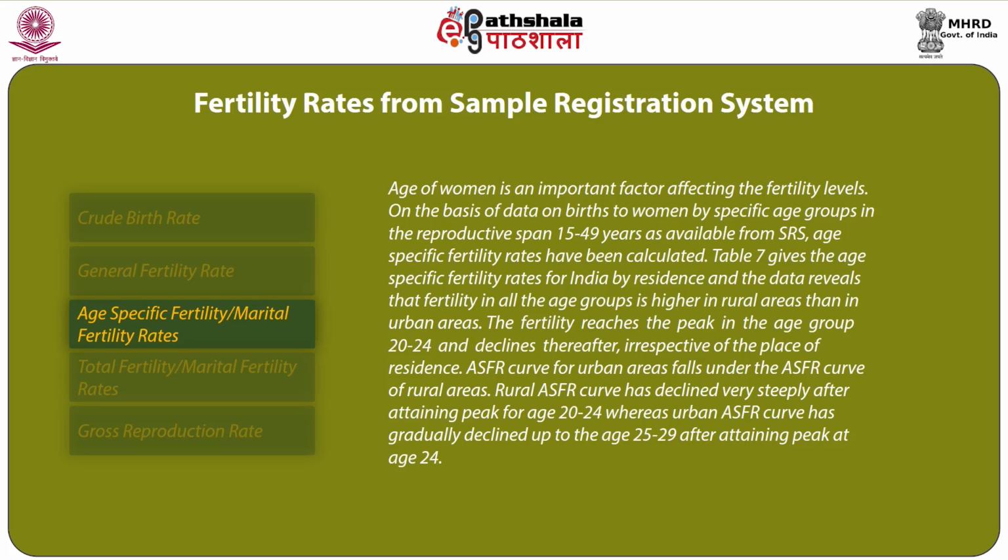The fertility reaches its peak in the age group of 20 to 24 years of women and declines thereafter, irrespective of the place of residence, both rural and urban. The age-specific fertility curve for urban areas falls under the curve of rural areas.